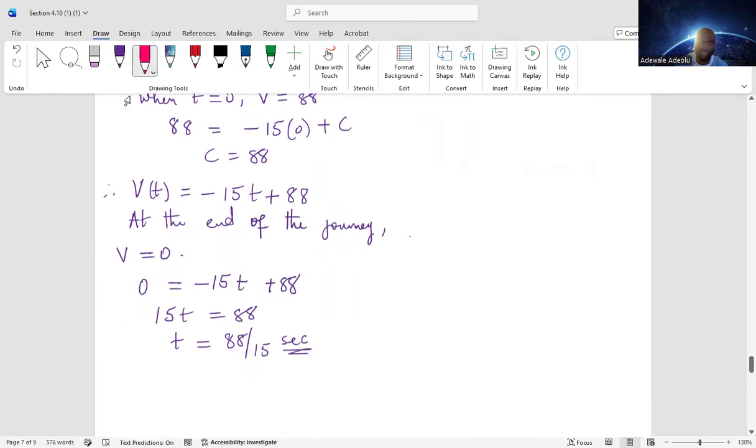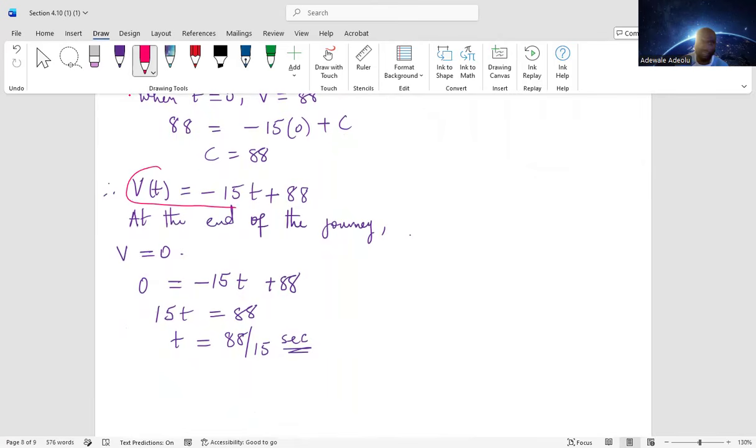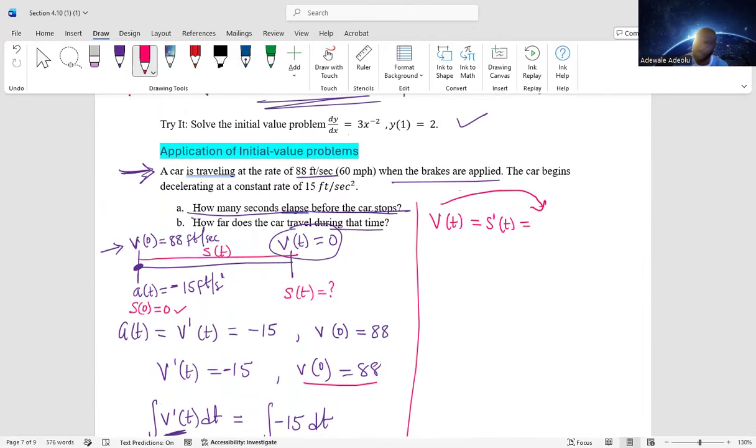We have a function for that: negative 15t plus 88. So I can put it here. Now let us form the initial value problem. S prime of t, that is ds dt, equals negative 15t plus 88. And we know that at time t equals 0, the distance covered is 0. We have an initial value problem.